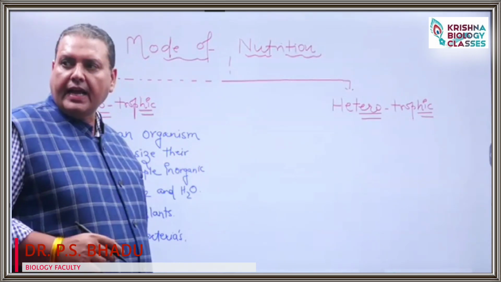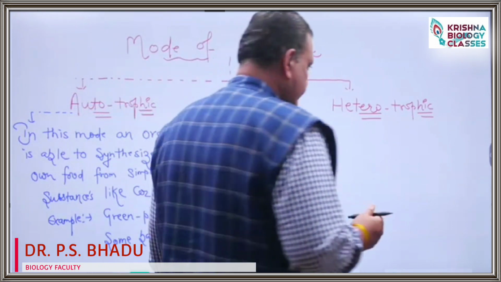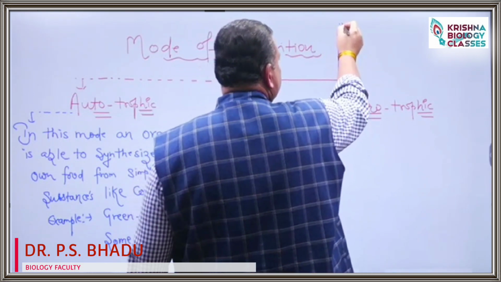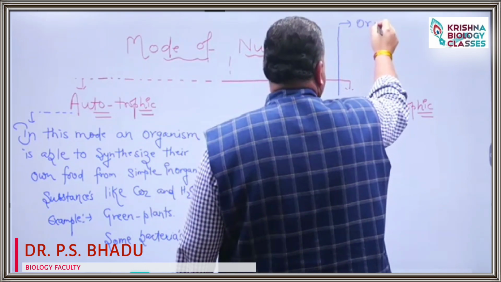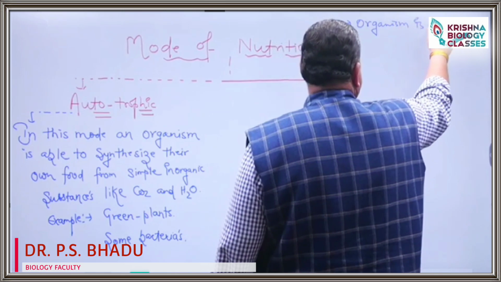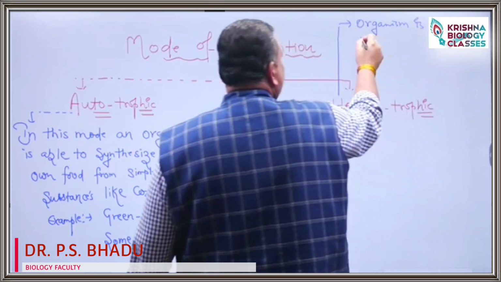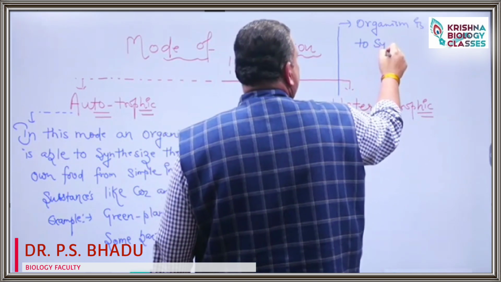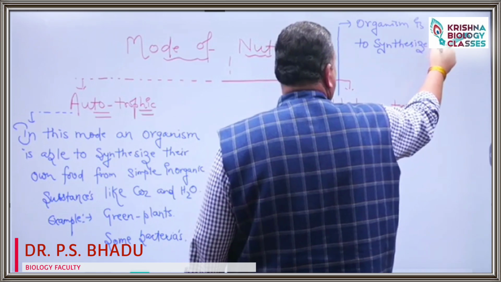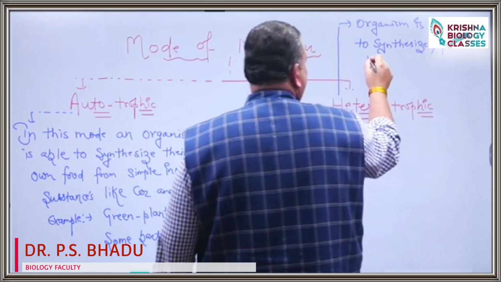Next, heterotrophic. In this mode, an organism is not able to synthesize or produce their own food.